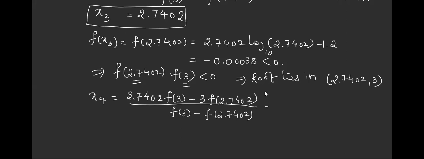Done. You have the values, just substitute, simplify and tell me the answer. You know the substitution. Do that. How should your answer be? Your answer should be more than 2.74 and less than 3. If not, then your calculation is wrong.